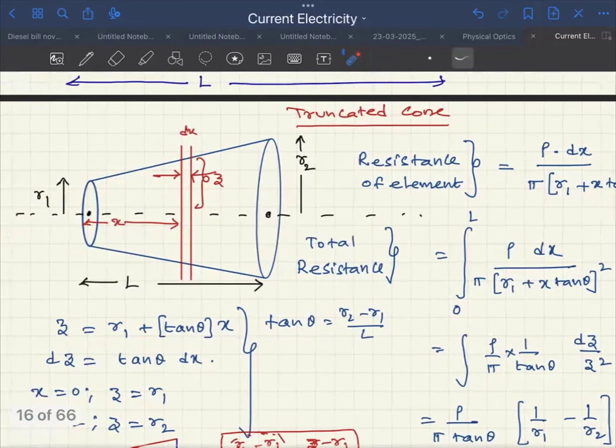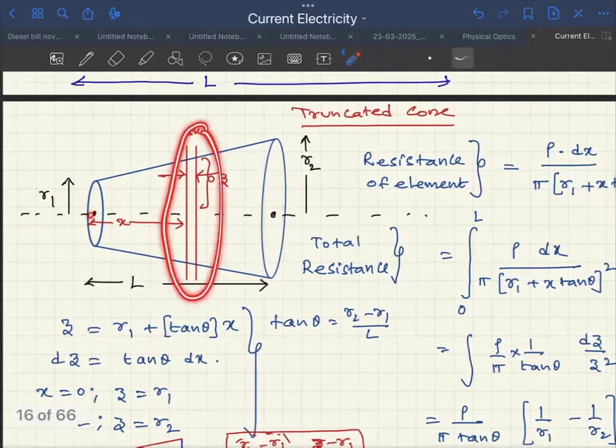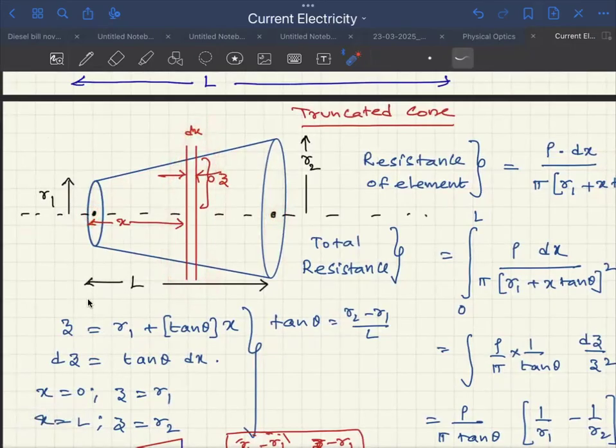Can you please tell me how these elements are from this point to this point? Anyone in the class? Are they in series or are they in parallel? All such elements, series or parallel. How are they? Darshan, how are they?